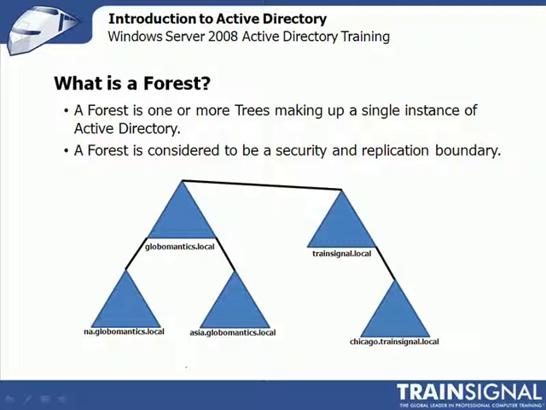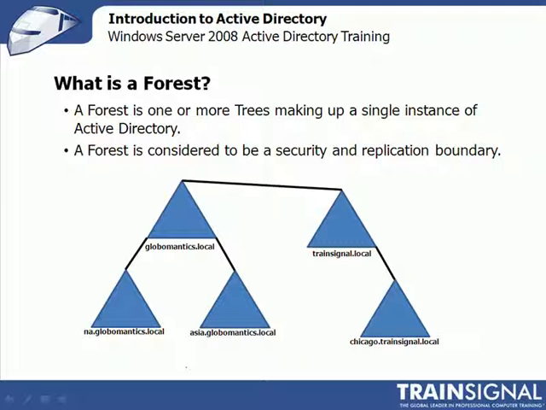It is a single instance of Active Directory, and in many organizations, it is every domain within that organization. Okay, there are many enterprises out there that only have a single Active Directory forest. But there are also enterprises out there that have more than one Active Directory forest.